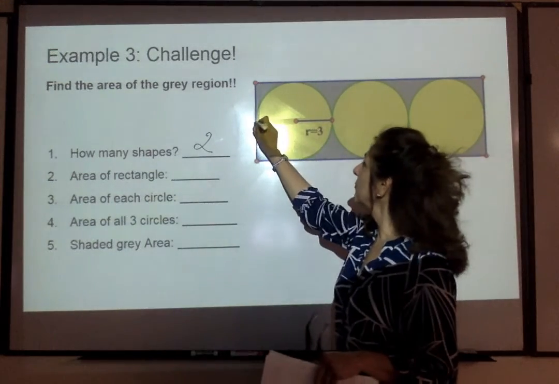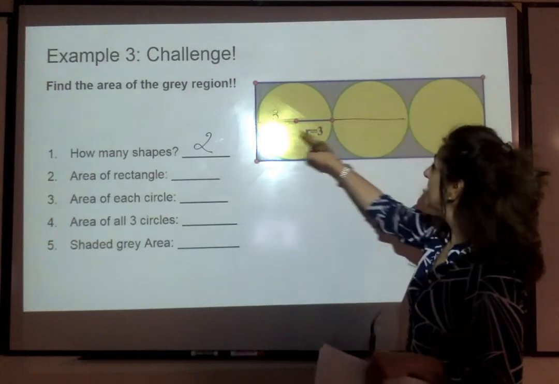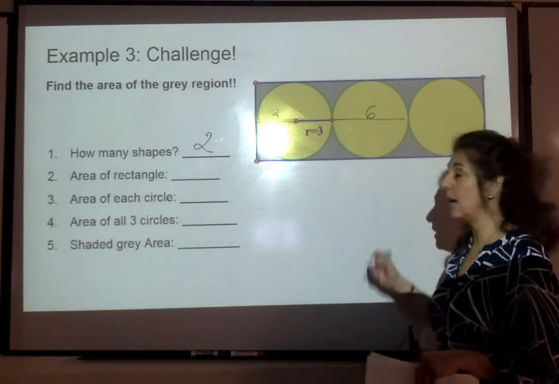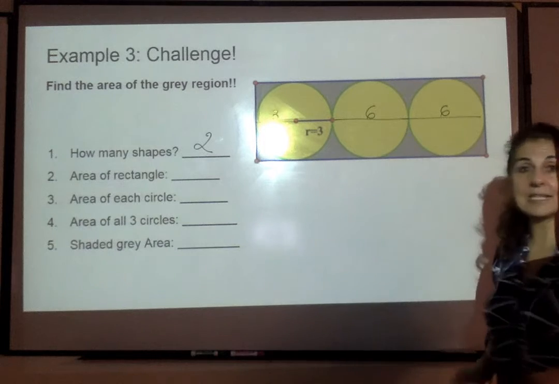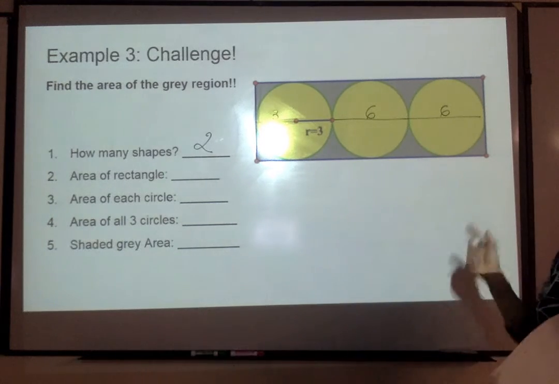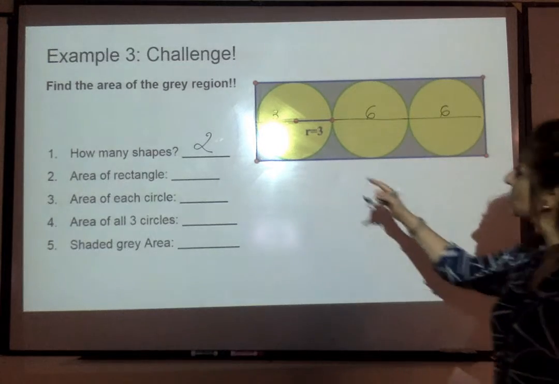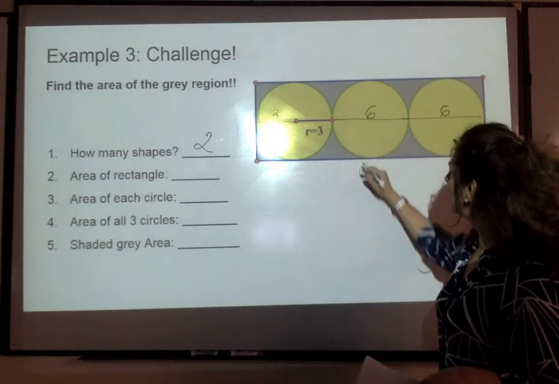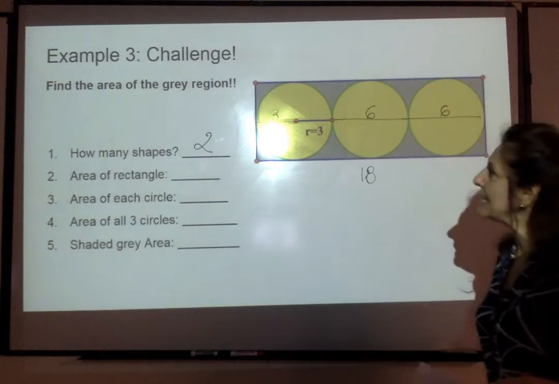So what I have to do is, this radius is also 3. This diameter is 6, which means that this diameter is going to be 6 as well, and this diameter is going to be 6 as well. So the side of my rectangle is going to measure 6 times 3, which is 18.